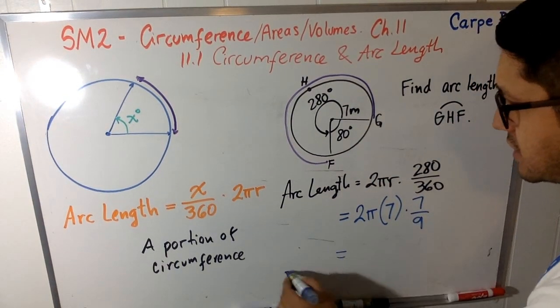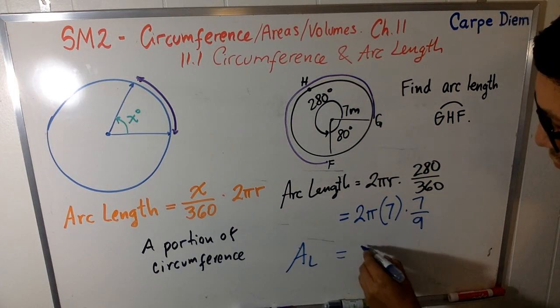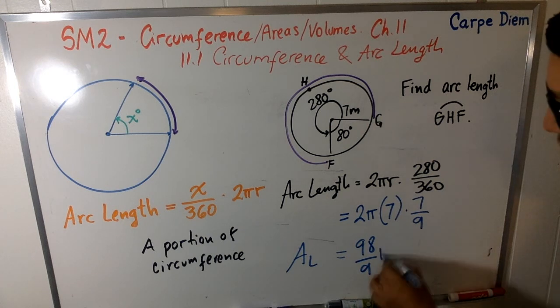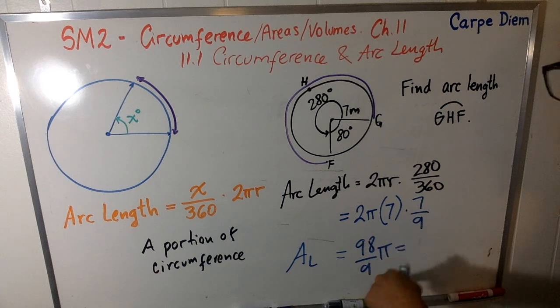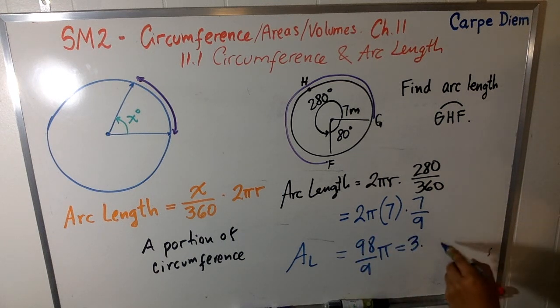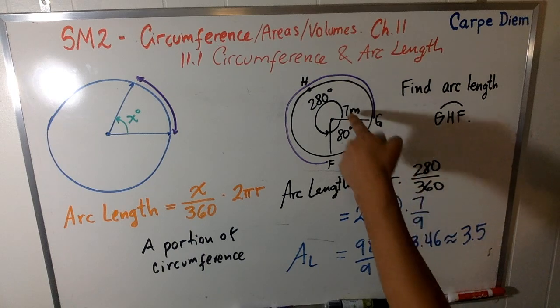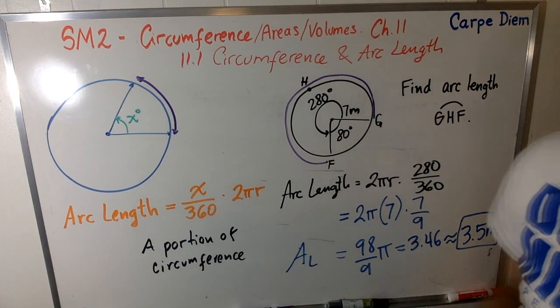So in this case, the arc length we wanted to find is going to be 98 over 9 multiplied by pi, or if you round it to 1 decimal place, when you do this operation, you get 3.46, or in other words, this is going to be around 3.5 meters. And this is the answer, okay?